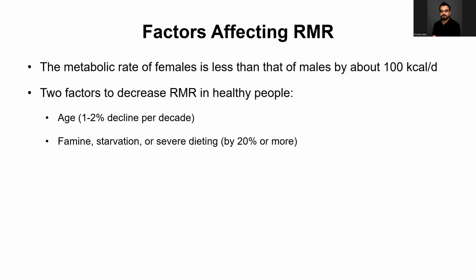It's about 1 to 2% decline per decade. So per decade, we have 1 to 2% decline in resting metabolic rate. That's why when we are aging, we are gaining more weight. We are gaining more body weight because we lose the resting metabolic rate substantially with aging.